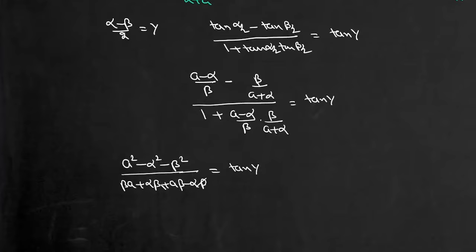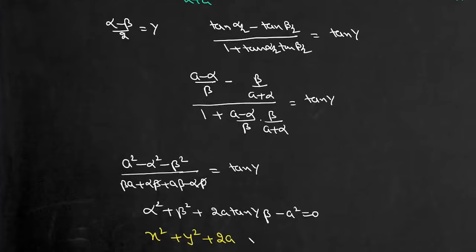Now alpha beta will cancel, so we'll get this equation as alpha square plus beta square plus 2a tan gamma into beta minus a square equals 0. Or we can write this as x square plus y square plus 2a tan gamma into y minus a square equals 0.